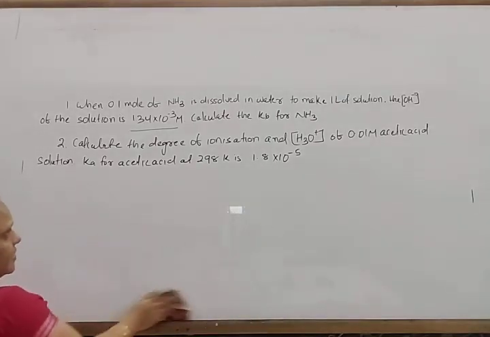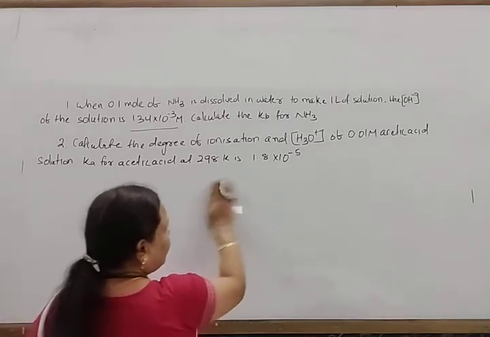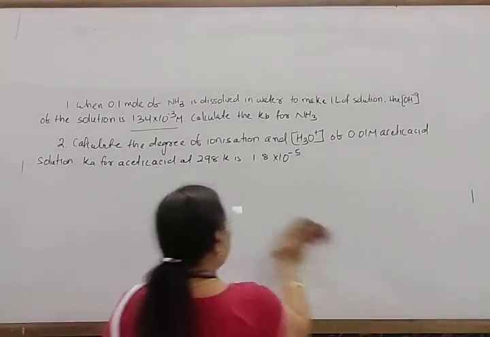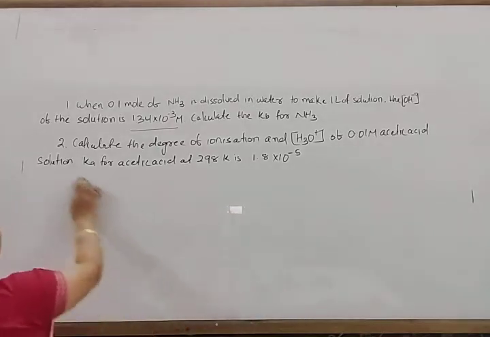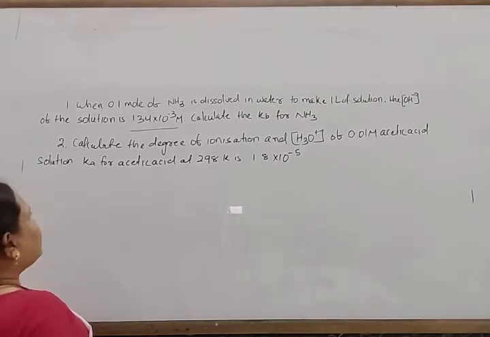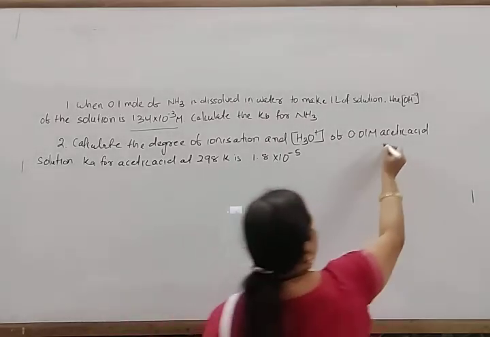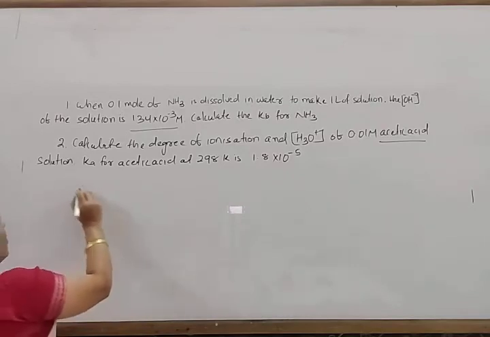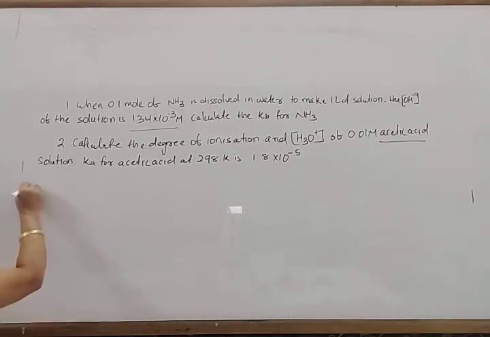Ka for acetic acid at 298 Kelvin is 1.8 into 10 to the power minus 5. So this value is given. Then calculate the degree of ionization. So first, what is the acid given? This acetic acid. So degree of ionization. What is asked here?